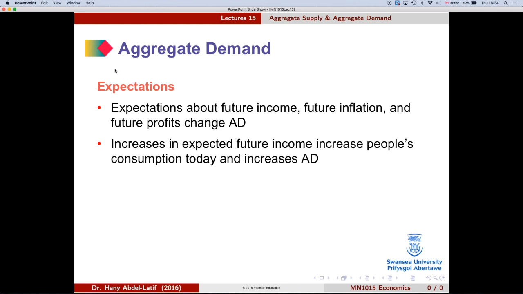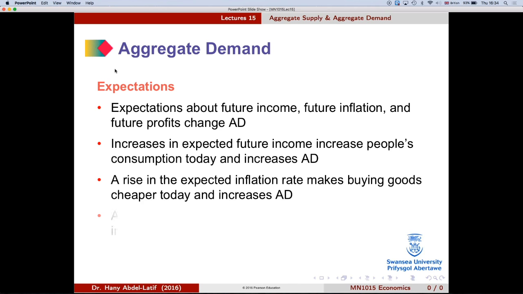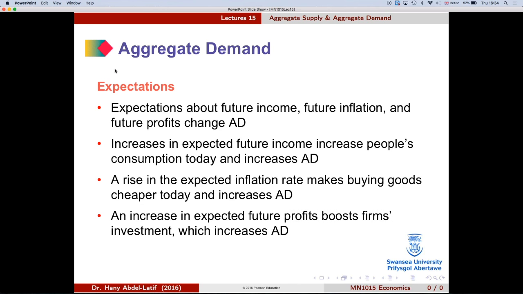If you expect that the products will be more expensive next month, you'll buy more now. So this will shift the aggregate demand curve to the right and increase aggregate demand. So expectations is one factor that can shift the aggregate demand curve.